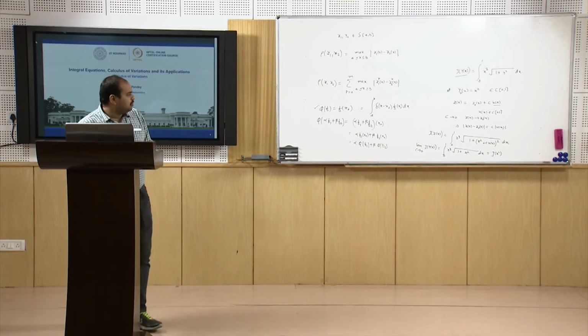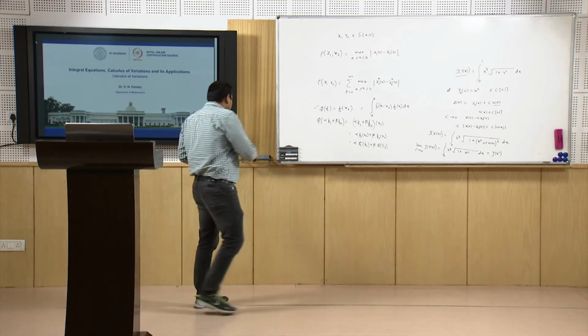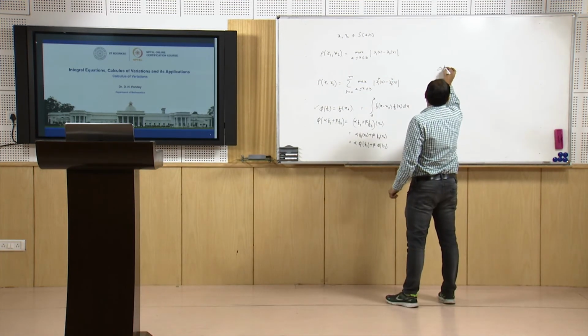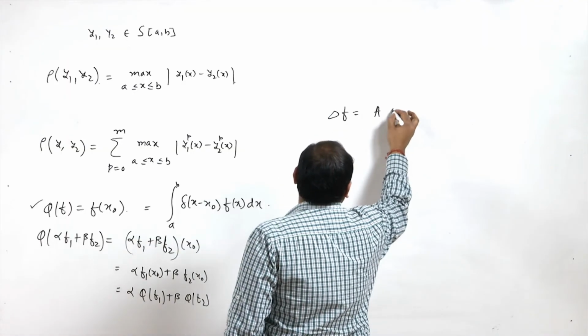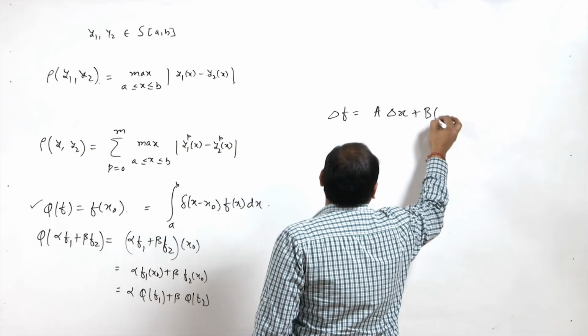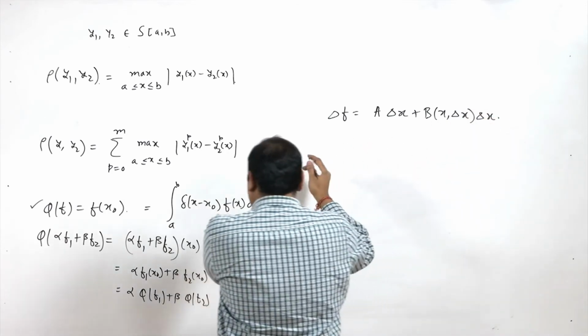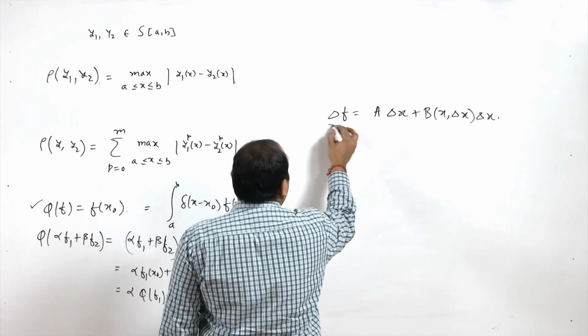So how we can look at here, let me write down this. Here your delta f is given by a delta x plus b x delta x delta of x. So what we try to do here, let us say divide by delta x.